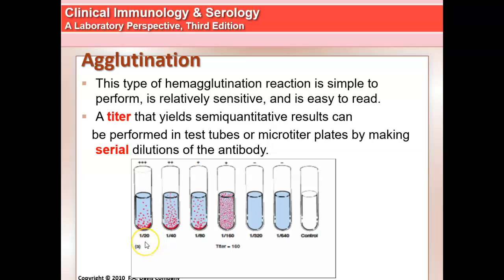You have a 1 to 20 dilution, a 1 to 40 dilution, a 1 to 80 dilution, a 1 to 160 dilution, and then 1 to 320 and 1 to 640, and the control is clear. So there's no reaction in the 1 to 320 and the 1 to 640. The last tube with any visible agglutination is 1 to 160, so your titer would be 160.